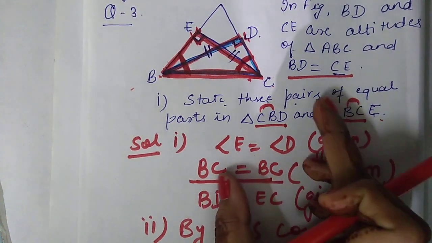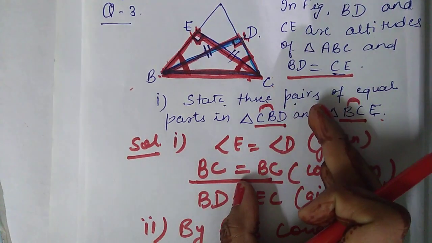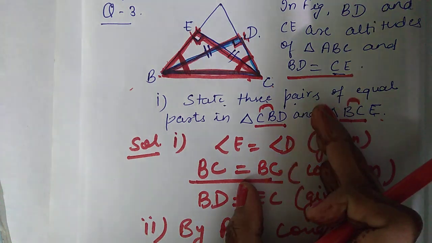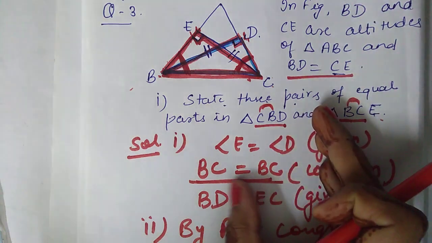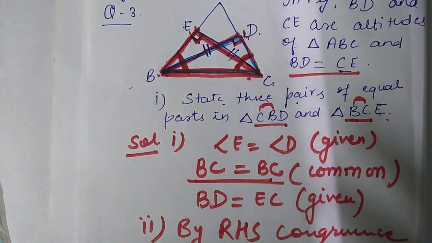Just understand how I have written the solutions. First you have to give the 3 equal parts, then you have to write the congruence rule, and most probably in the third part you can write CPCT, because in every question they are asking, are they equal? Yes, they are equal by corresponding parts of congruent triangles. Not 100% but 90%.